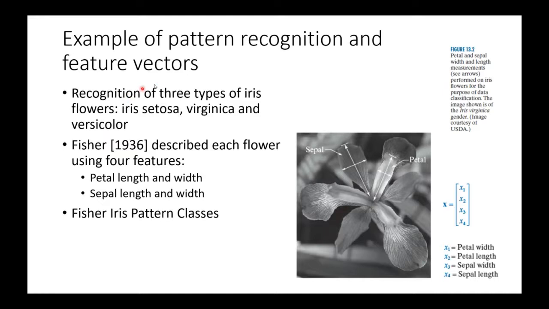The problem Fisher used, and these data sets are still used today as examples of classification problems, is the recognition of three types of flowers. It's iris flowers. There are three types: iris setosa, iris virginica, and iris versicolor. And basically what Fisher did, he used four features: petal length and width.